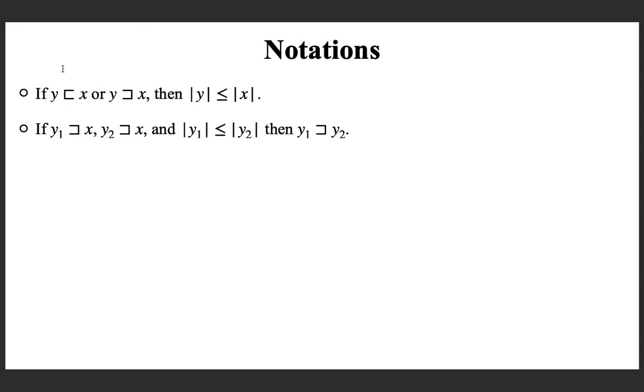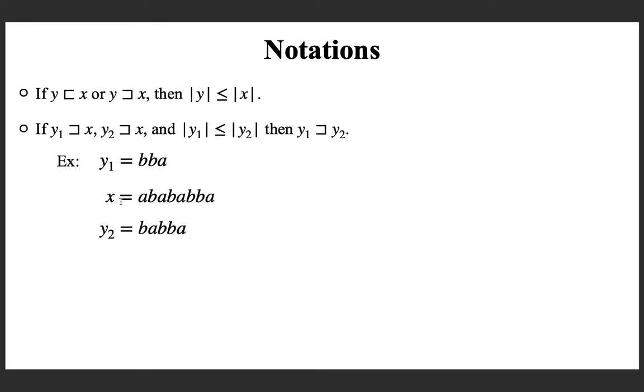Also, if y1 is a suffix of x and y2 is also a suffix of x with the length of y1 less than or equal to the length of y2, then you can see that y1 is a suffix of y2. Why? You can look at an example.